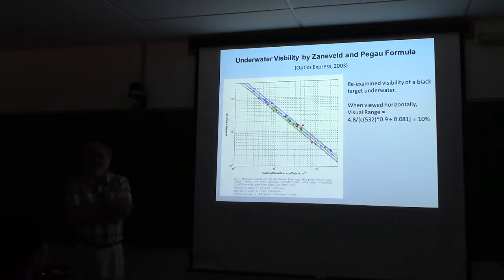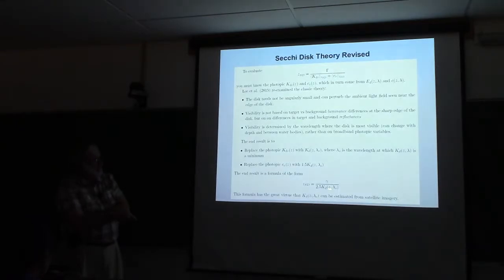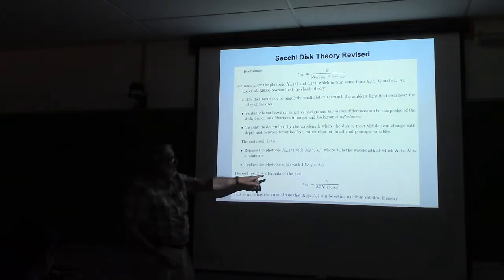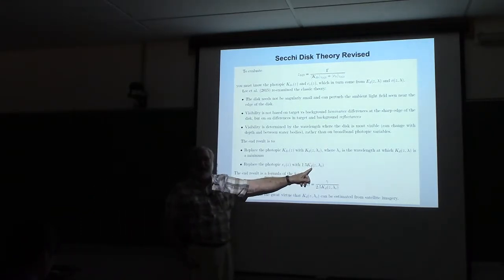Yeah, Emmanuel. How does that jive with Zhang Ping's theory? Well, I think Zhang Ping's main thing is all we need to know is the KD, but that's for a vertical path. But the path back is not that different. Well, yeah, but Zhang Ping is replacing the c part with 1.5 KD.